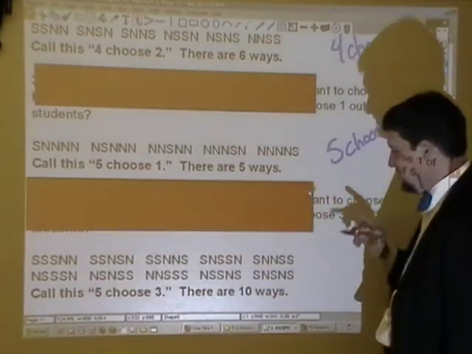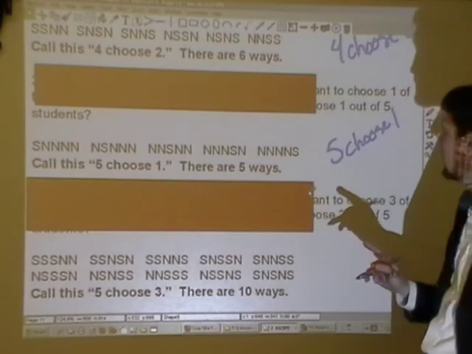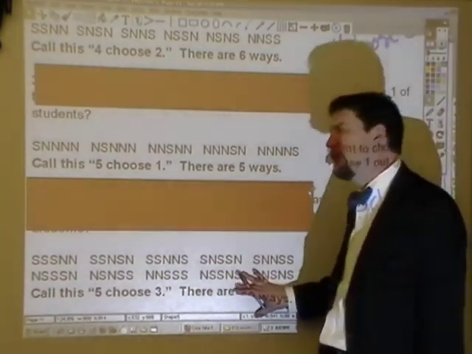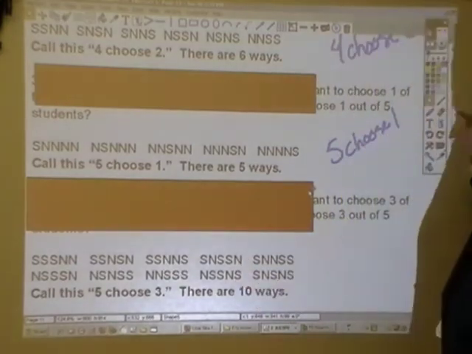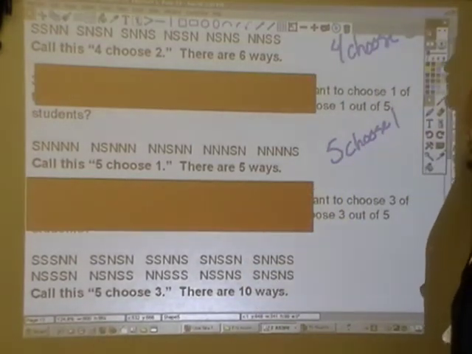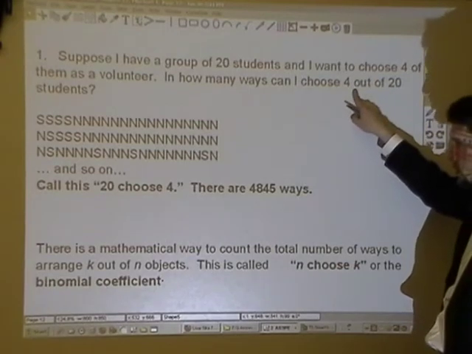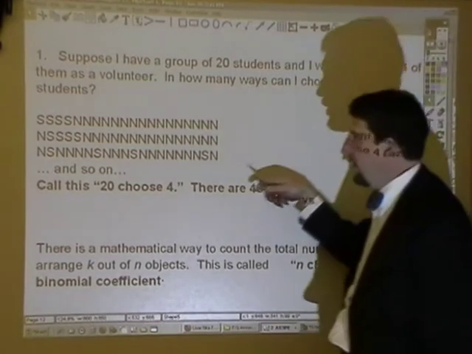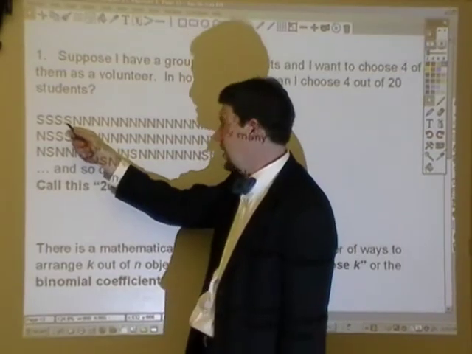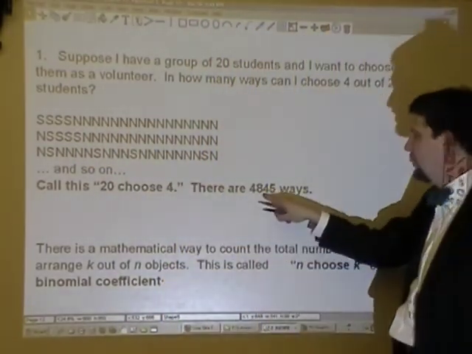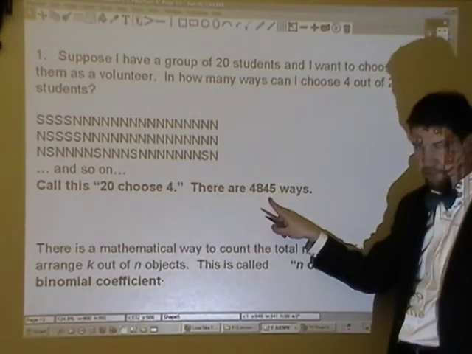There are 10 ways I can do this. I could probably figure these out by hand, but what would happen if I had 20 and I want to choose 4? 20 choose 4. There are 4,845 ways to do this.